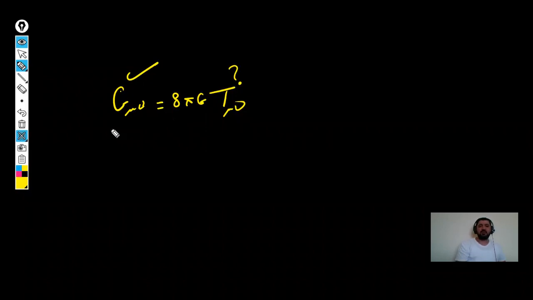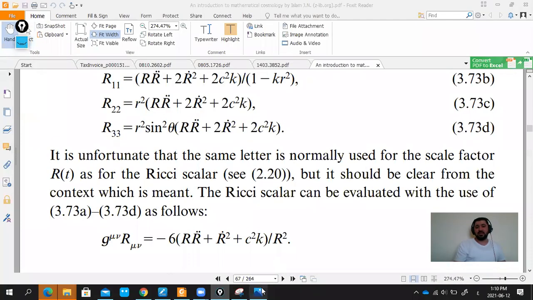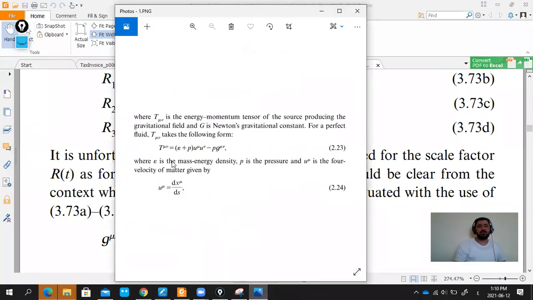Perfect fluids means that we have a fluid, it's perfect, and we have a 4-velocity vector for this fluid, and the energy momentum tensor for this fluid is given by this formula, T mu nu. Epsilon, or sometimes we give it the symbol rho, is the energy density, p is the pressure, U mu is the 4-velocity for this perfect fluid, and here p is the pressure again.